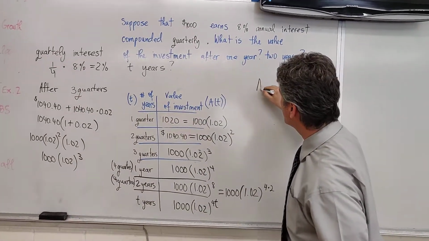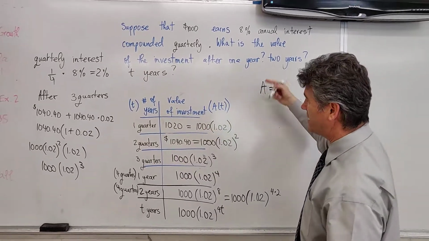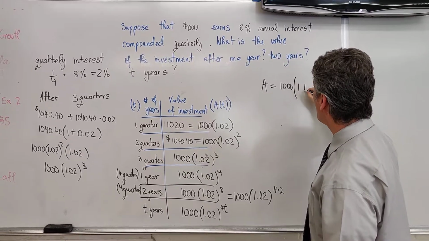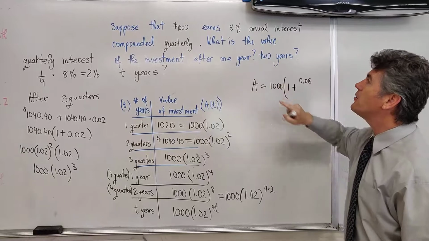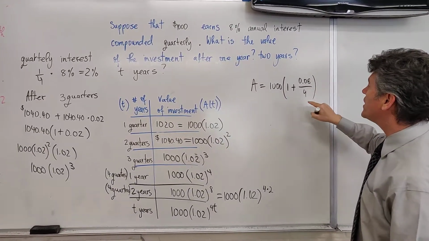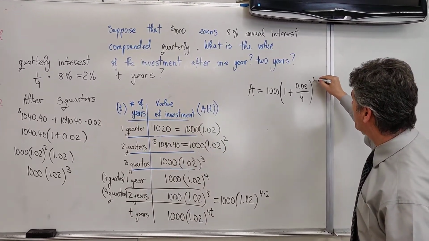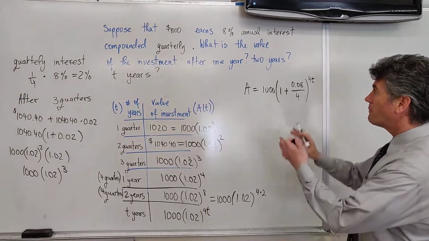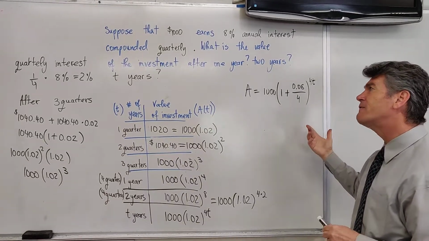This looks like A, the value of the investment, A of t, is equal to 1,000 times 1 plus 0.08, which was the annual interest, divided by 4, which is how much interest we earn every quarter, raised to the power of 4t.